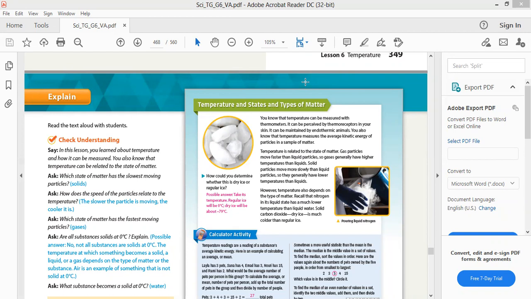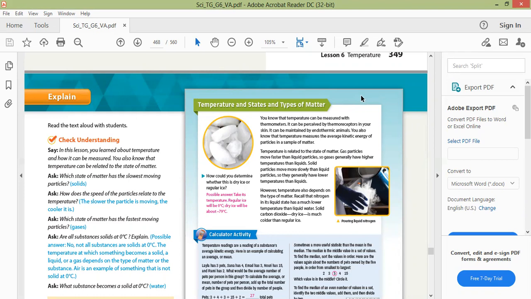You have solid ice, liquid water, gas like steam. Which one has more temperature? Solid, ice, more temperature? Warmer than the steam? More, not less temperature. No, steam, more.